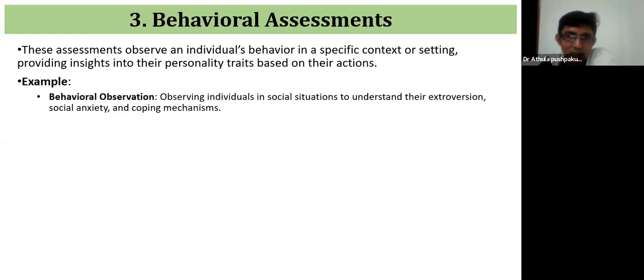Normally, think according to their actions. Through behavioral observation, we identify that he is kind, an innocent student, he is clever, like this. Now, how? By measuring the behavior. But we can't measure perfectly.